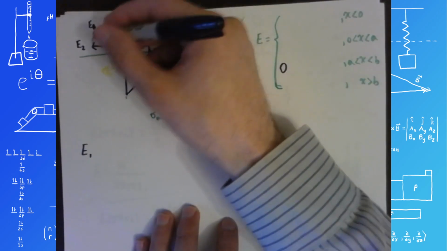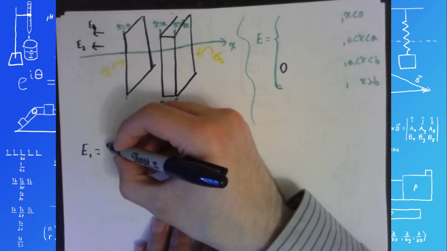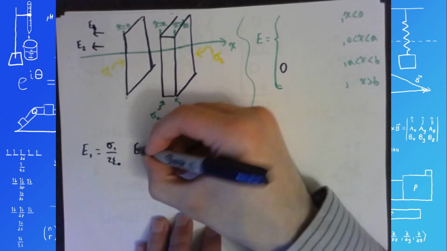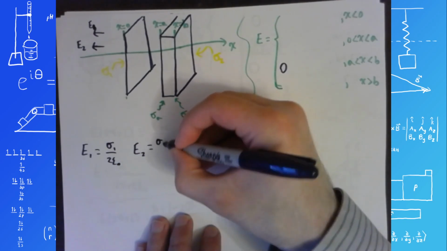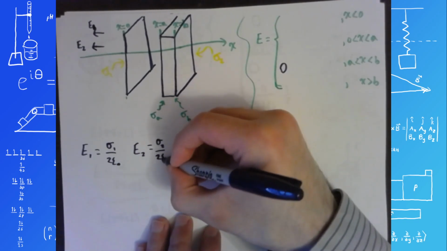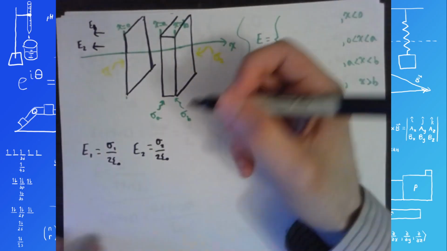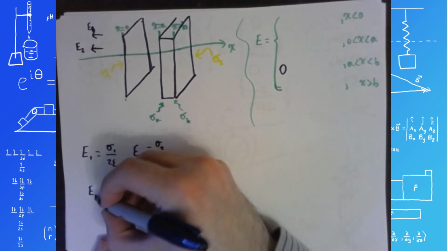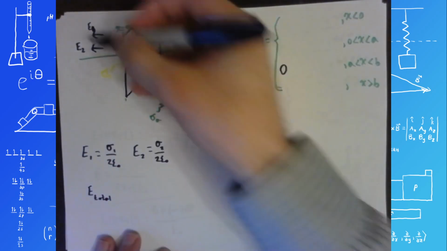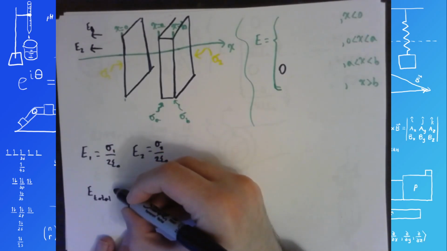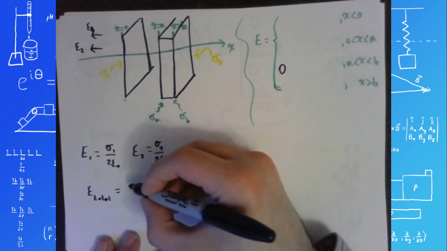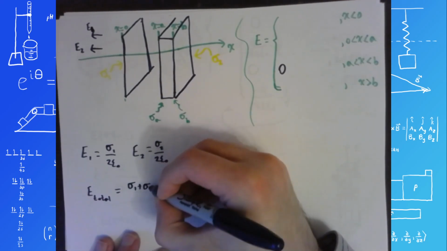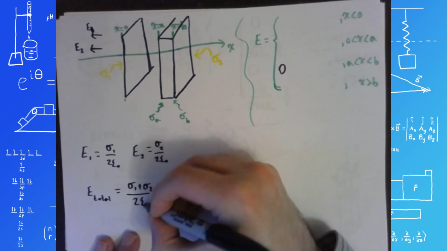So total electric field in this region, we've got E1 is sigma 1 over 2 epsilon naught. E2 is sigma 2 over 2 epsilon naught. And so your total electric field here is E1 plus E2, so E total for just this region when x is less than 0 is going to be sigma 1 plus sigma 2 over 2 epsilon naught.